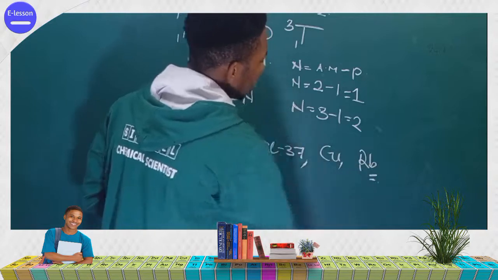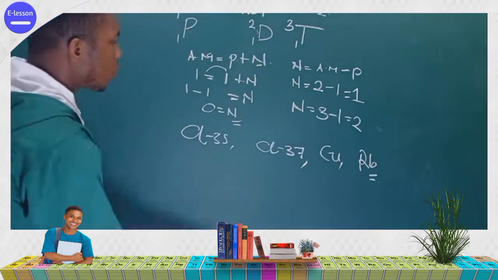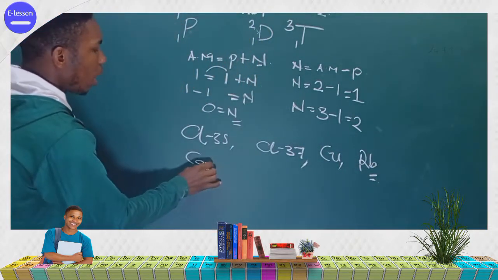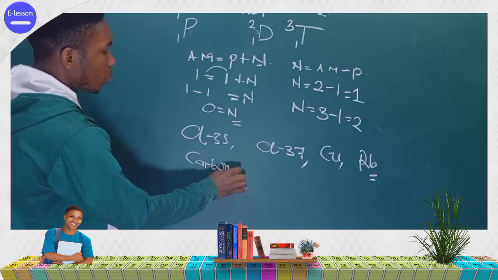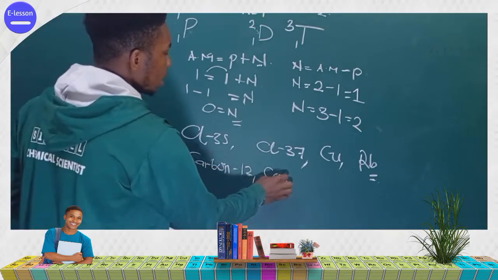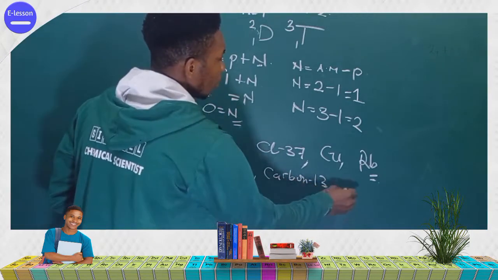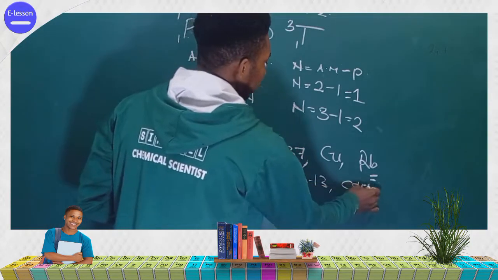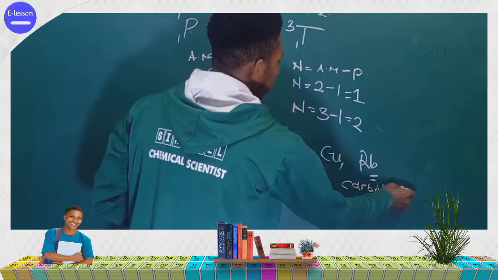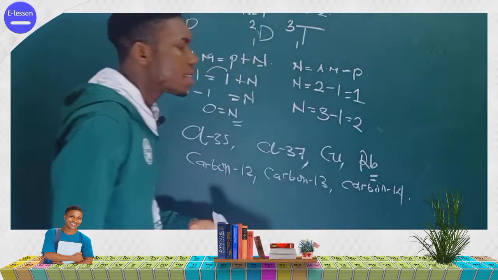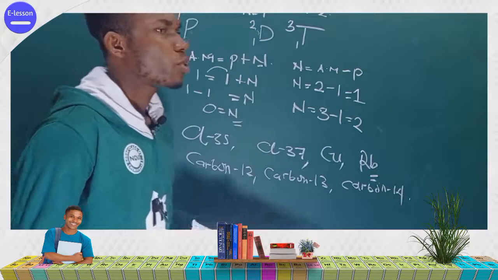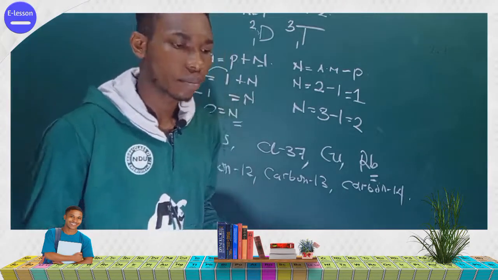All these elements exhibit isotopy. Even carbon. You have carbon 12, carbon 13, and carbon 14. All these are what? They are isotopes of elements.